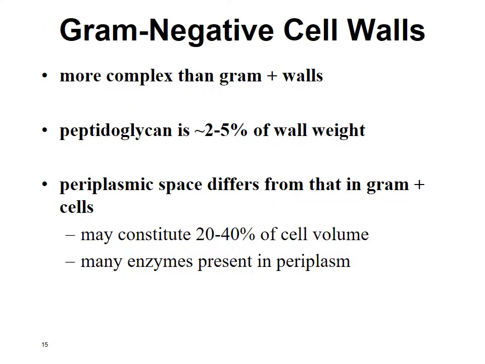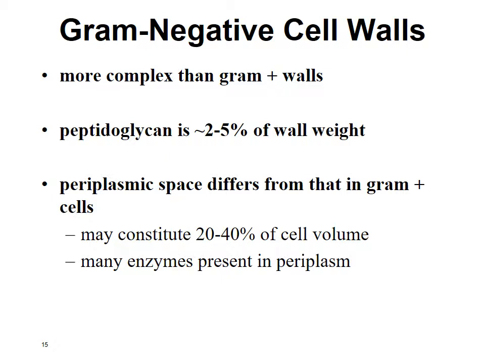So gram-negative cell walls tend to be more complex than those found in gram-positive cells. The peptidoglycan layer is very thin and may constitute only about 2 to 5% of the cell wall weight. In E. coli, in fact, it only contains 1 or 2 sheets of peptidoglycan.